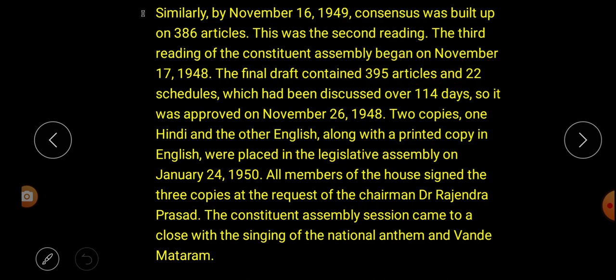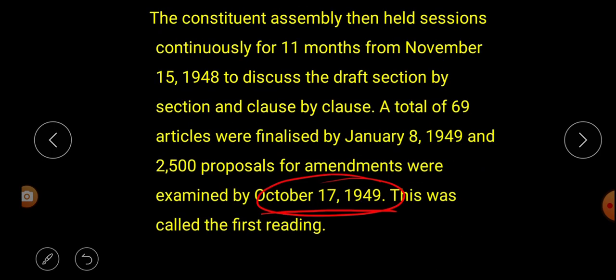So it was discussed for how many days? Almost 114 days. They discussed almost 114 days and finalized 395 articles and 22 schedules. And it was approved when? November 26, 1948. Listen. First reading was October 17, 1949.